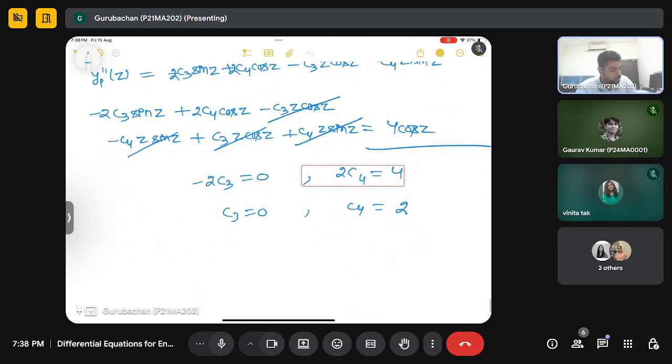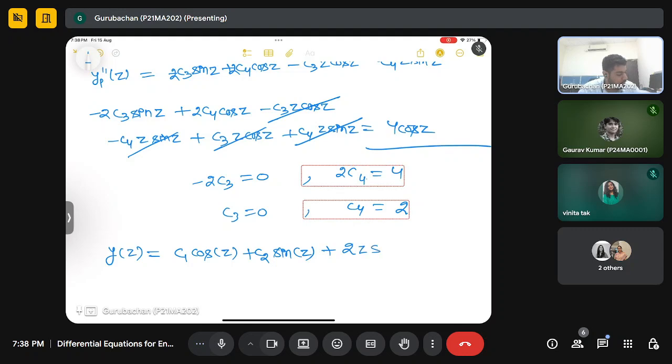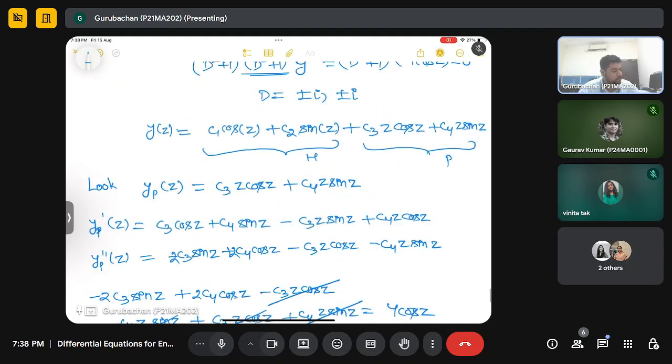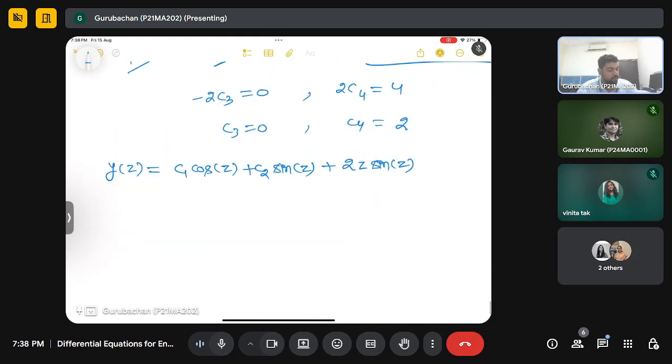So your general solution with respect to z will be C1 cos z plus C2 sin z. Since C3 is 0, we will skip that term, and the C4 term is 2 times z sin z.